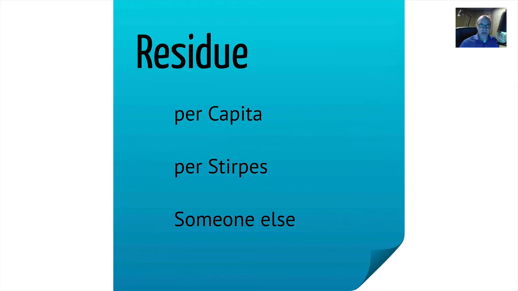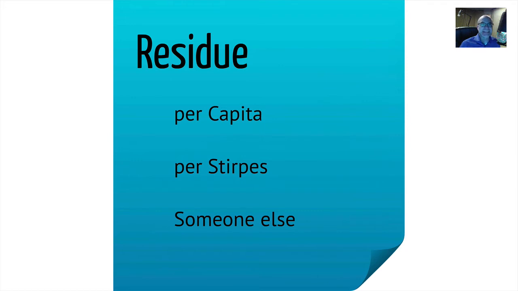And typically, if someone's married, the residue clause would say, I give the residue or the entirety of my estate to my spouse. And if my spouse has predeceased me, then to my child or children, equally. Now, that raises an interesting question, and that is, what happens when a spouse or a child or a person who's inheriting your property, what if they passed away before you?